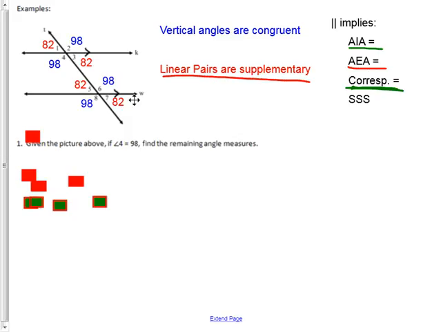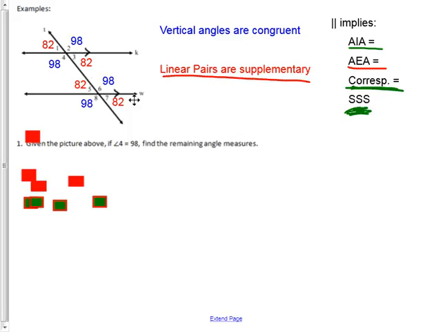The last piece that we know for sure is that our same side interior angles have to be supplementary. Which ones are our same side interior angles? We have this one, 82, and 98. Those two have to be supplementary. And yes, indeed, 98 plus 82 is going to be 180. So those ones are supplementary.